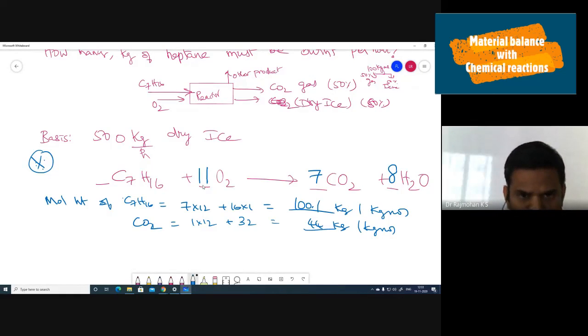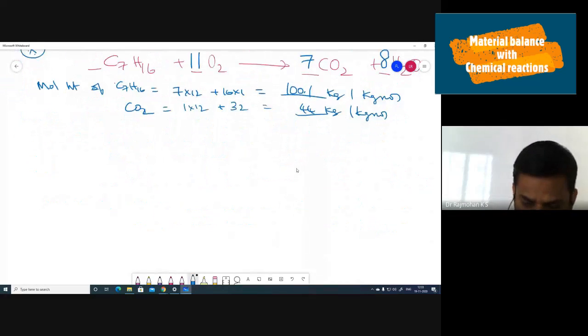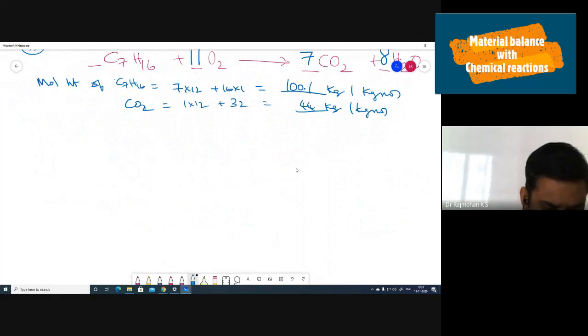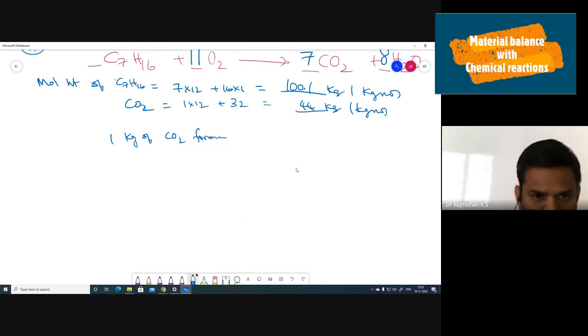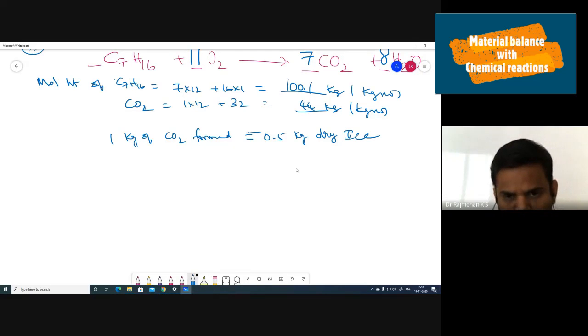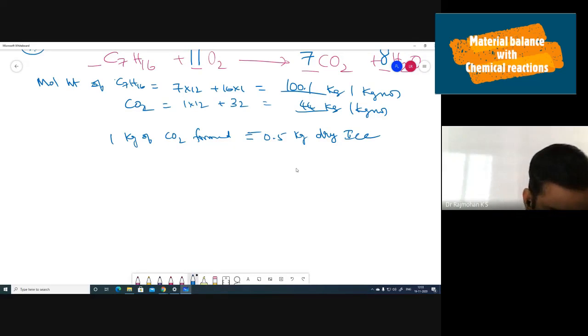What we should know, as we already discussed, is that for 1 kg of CO2 formed, the dry ice formed can be 0.5 kg. There is only 50% of CO2 used to form dry ice.